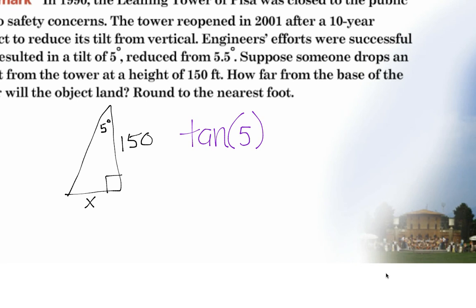So we know that if you take the tangent of a 5-degree angle, then the ratio of the opposite side to the adjacent side, which is x over 150, we know that this ratio, which we don't know right now, but the calculator knows, the tangent ratio from any 5-degree angle in a right triangle should be whatever this number I just repeated to you.